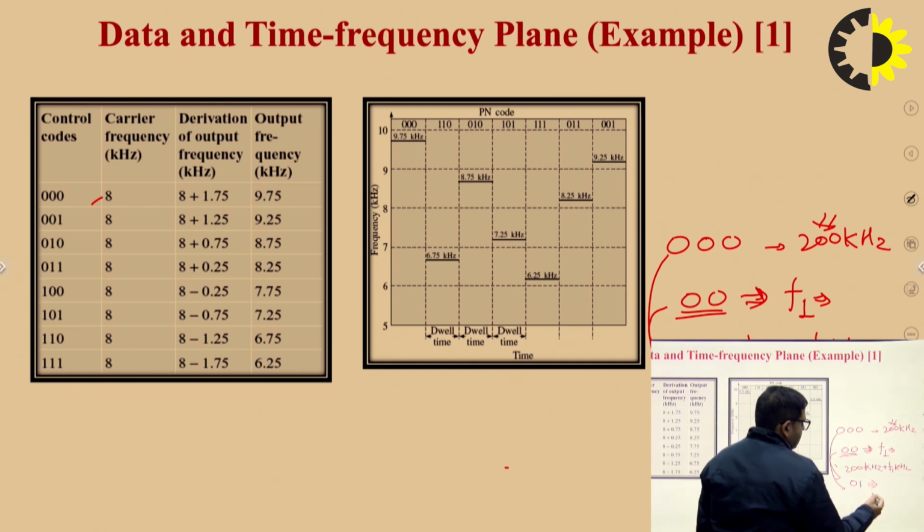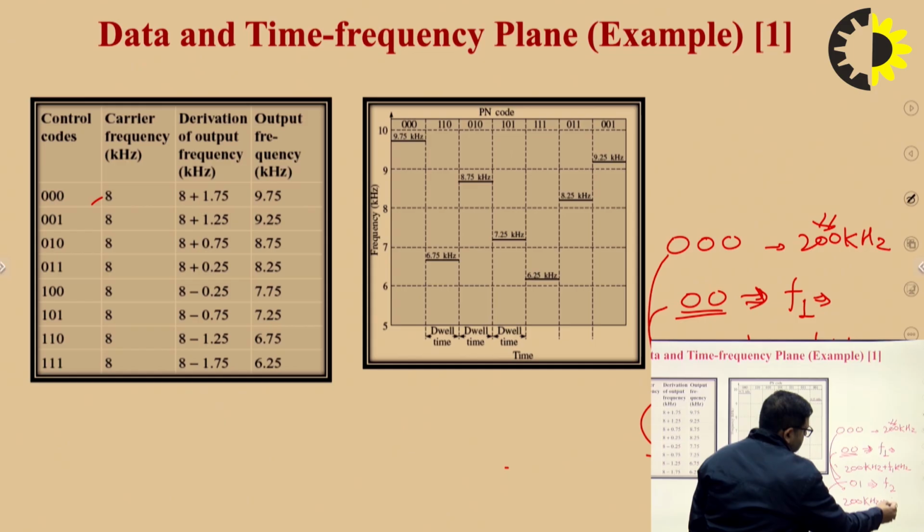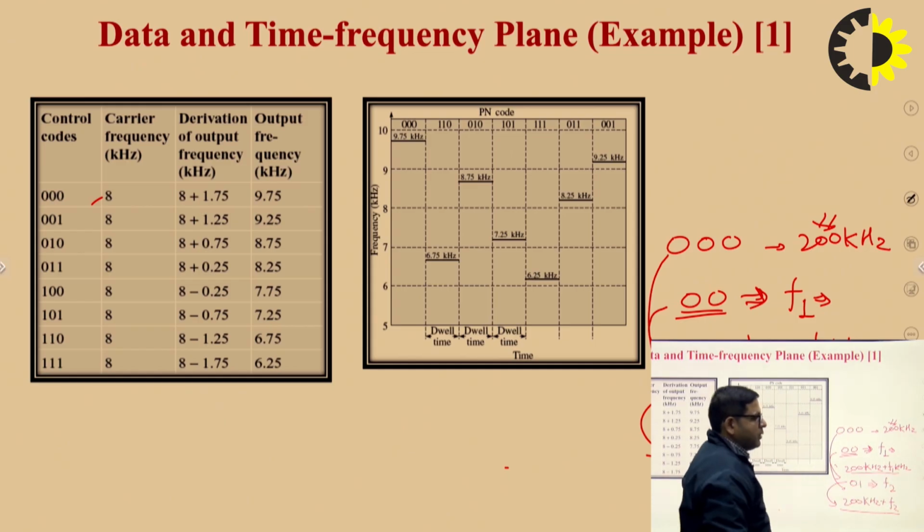For 0 1, the M-ary FSK modulator will generate a frequency of f2. Then for the 0 1 symbol, the output of the frequency hop spread spectrum will be 200 kilohertz plus f2, which is different from symbol 0 0.